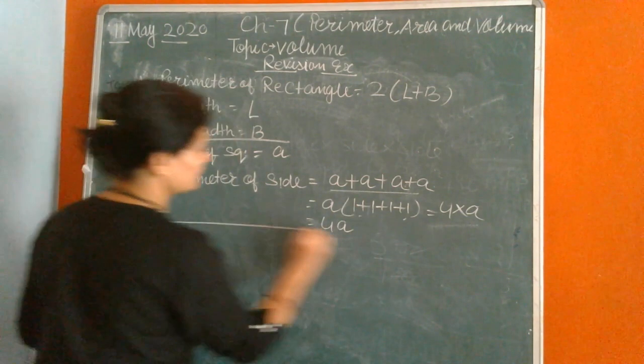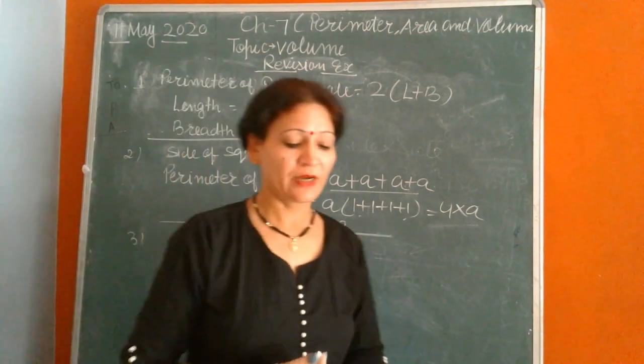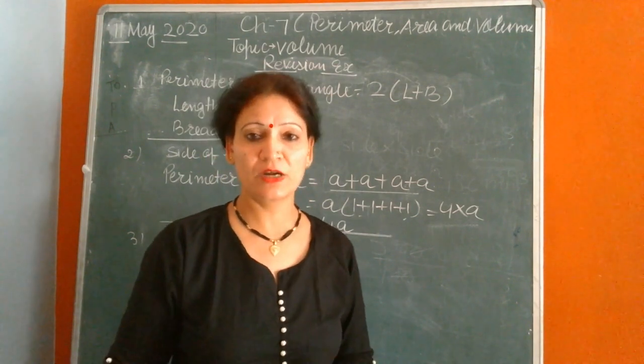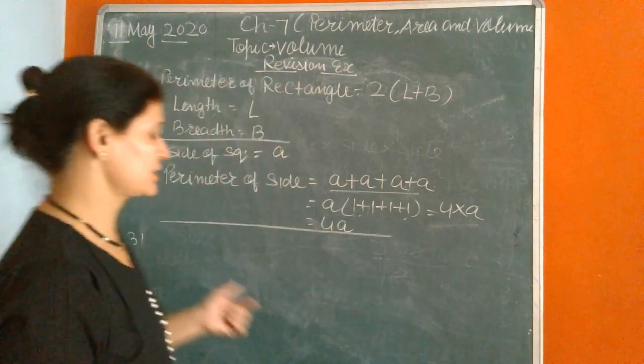Now question 3: find the perimeter of a triangle whose sides are 120 kilometer, 80 kilometer and 60 kilometer.